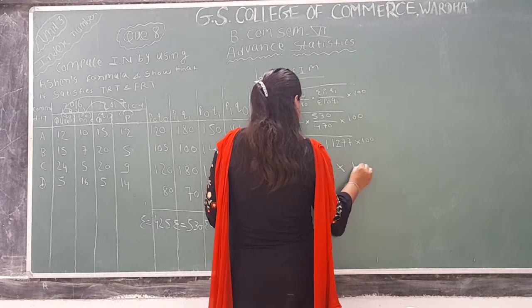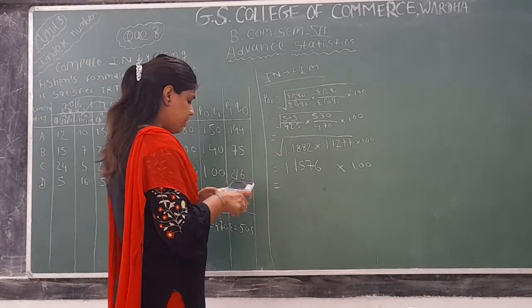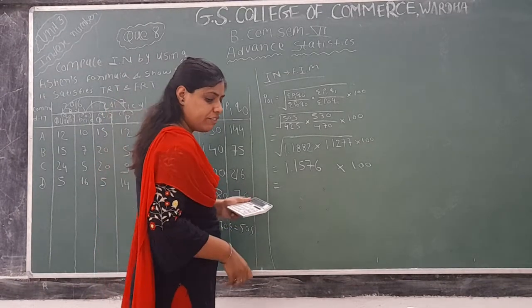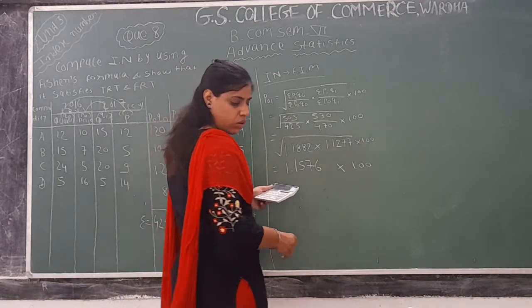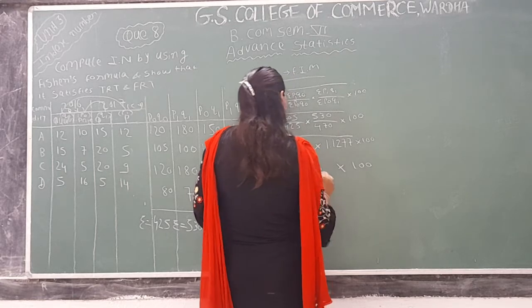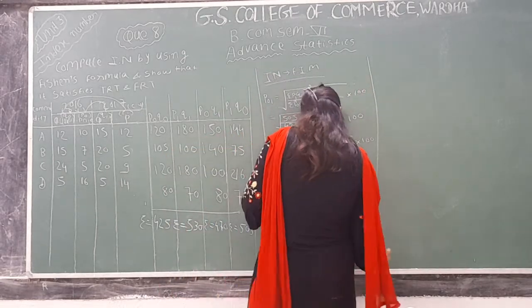Multiplied by 100, it comes to 115.76. So this is the index number by using Fisher's ideal index number method.